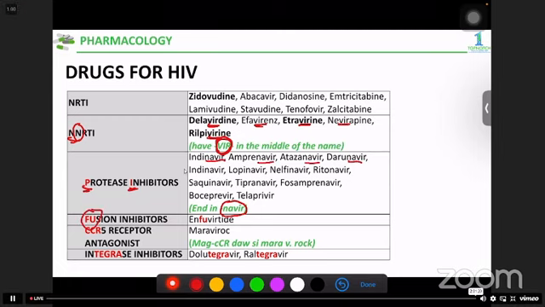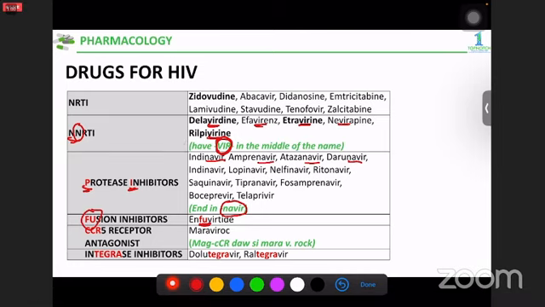Your fusion inhibitors, enfuvirtide. So, magsi-CR daw si Mara. So, CCR5. Then, tegra. So, integrase, dolutegravir, raltegravir. Okay, these are drugs for HIV.